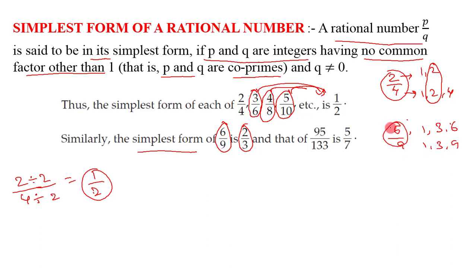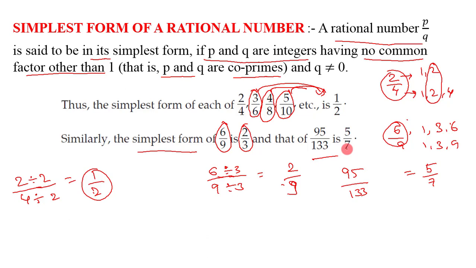To write this in simplest form, we need to divide 6 by 9, numerator and denominator both, by the common factor other than 1, that is 3. So you will get 2 by 3. In the same manner, the simplest form of 95 by 113 is 5 by 7, because both are divisible by 19.